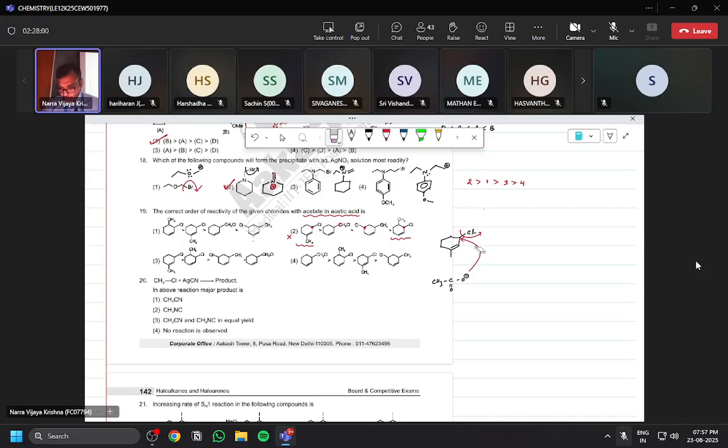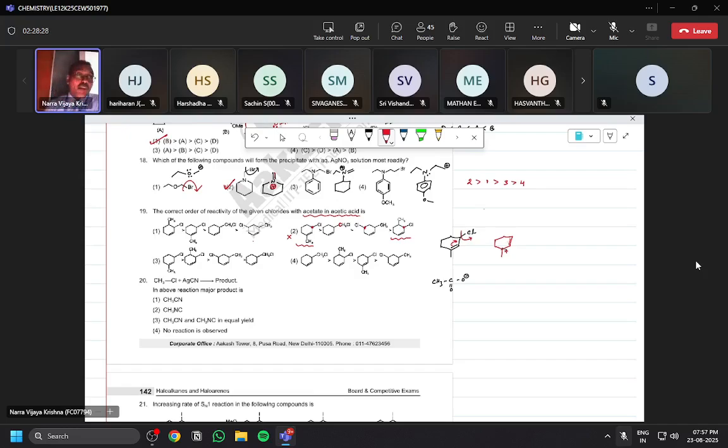Now, one more possibility. This bond can shift here, making chloride leave to form a tertiary carbocation. Possible or not? When this pi bond got shifted, Cl is gone, you get a tertiary carbocation. Tertiary carbocation is more stable. Then nucleophile can go and attack there. Correct or not? But this is crowded.